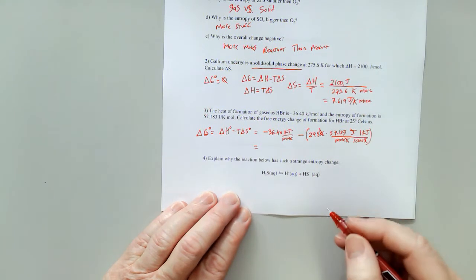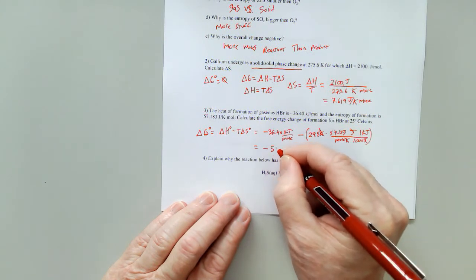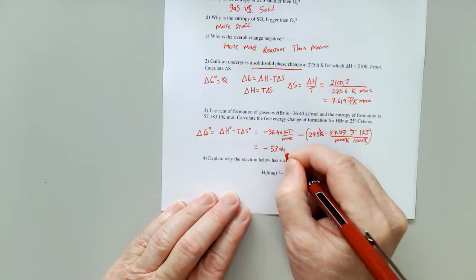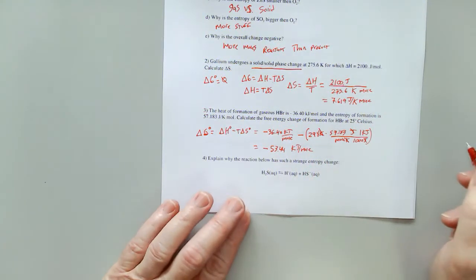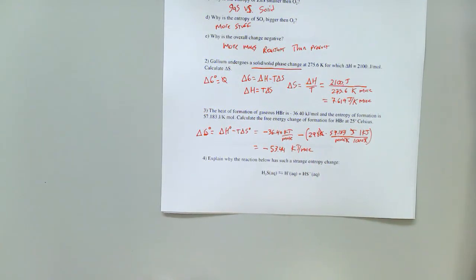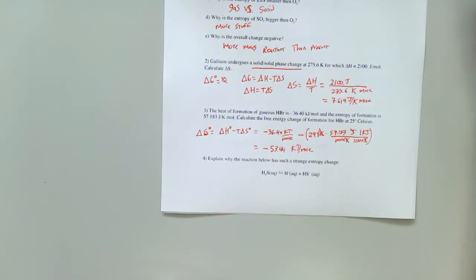They're both in kilojoules per mole. When I run this through my calculator, I get negative 53.44 kilojoules per mole. Nice, straightforward question. Because it's negative, I know that this reaction is going to be spontaneous.